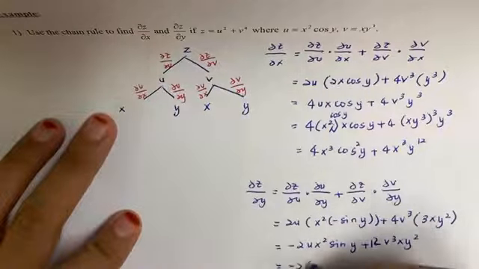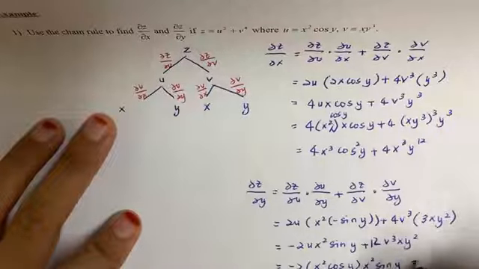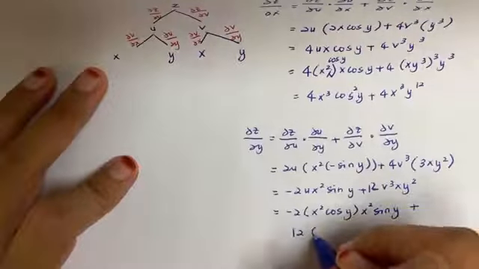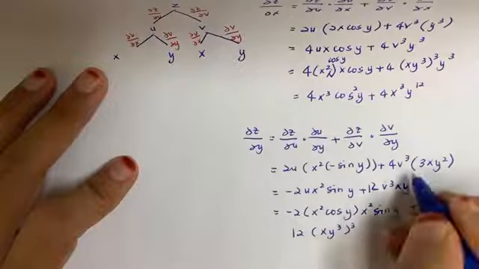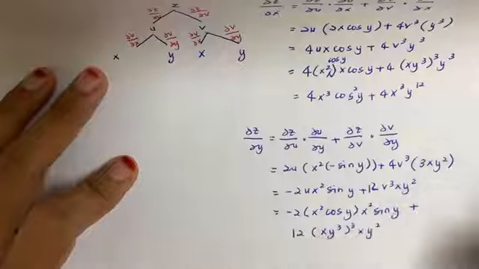So this is minus 2, u is equal to x squared cos y, times x squared sin y, plus 12, v cubed is xy cubed, again multiplied by xy squared.